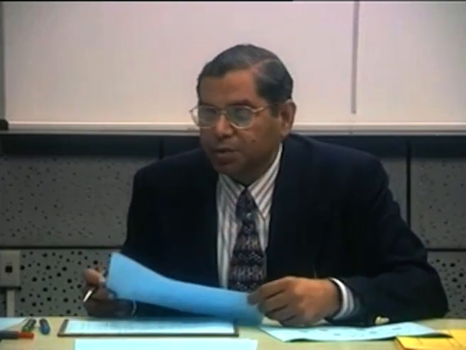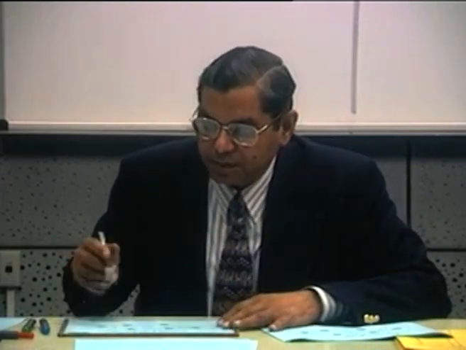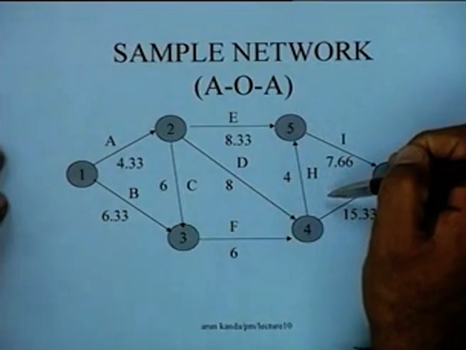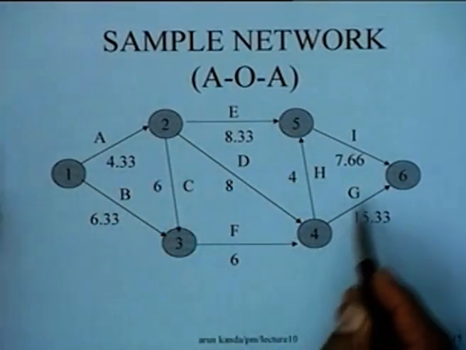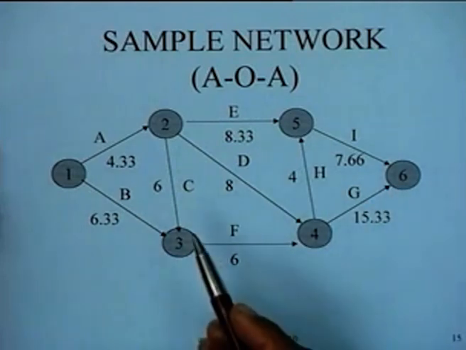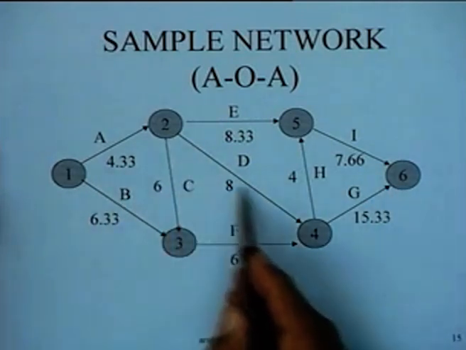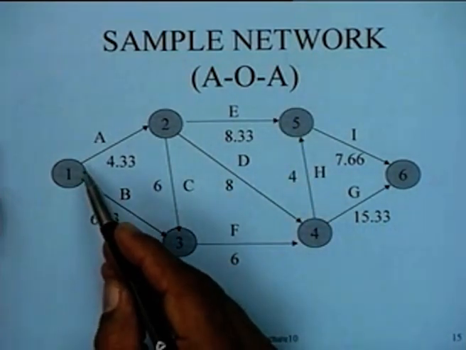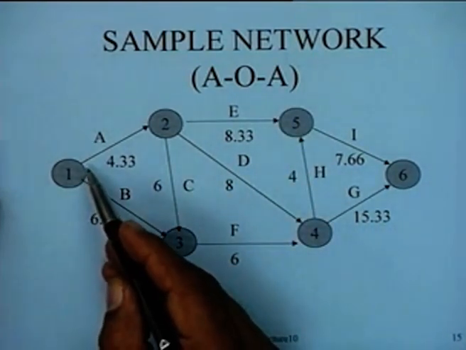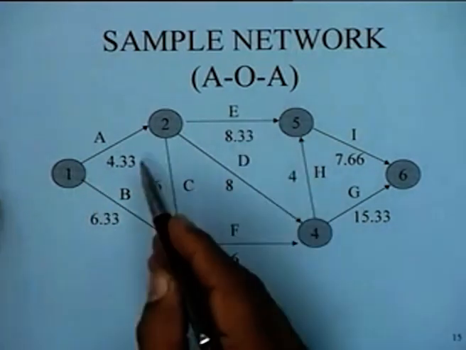Then to start the computations, what we need to do is to draw a network, and the network for this example is shown here. We have drawn the network in the activity on arc mode, and typically when you are performing PERT computations, it is the AOA mode which is used.